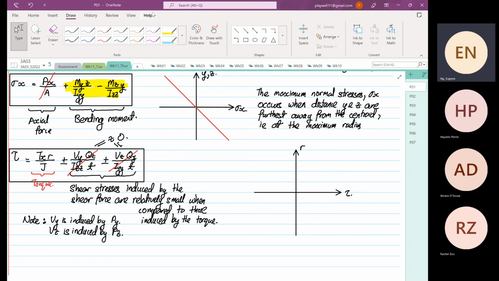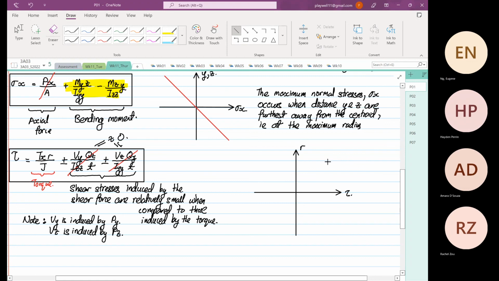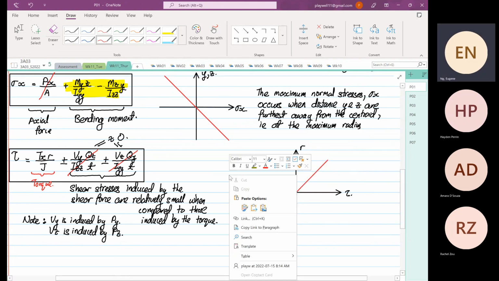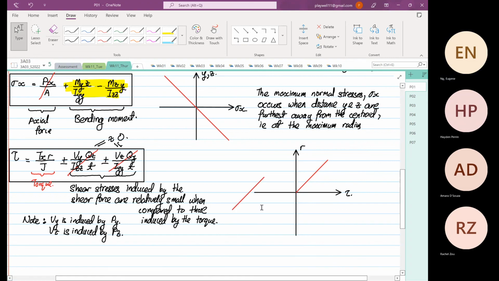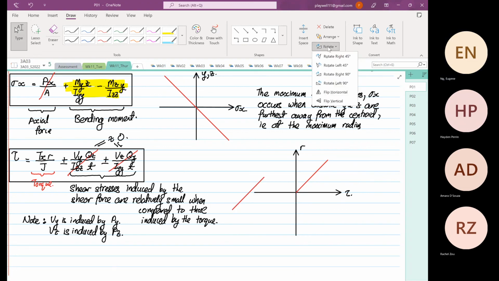And what we tend to get is a distribution looking like this.